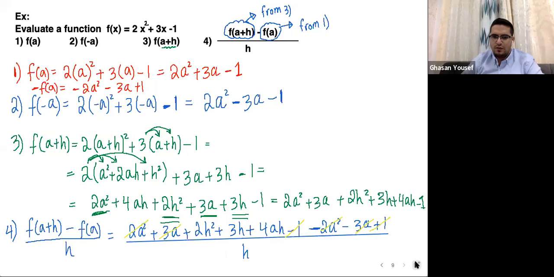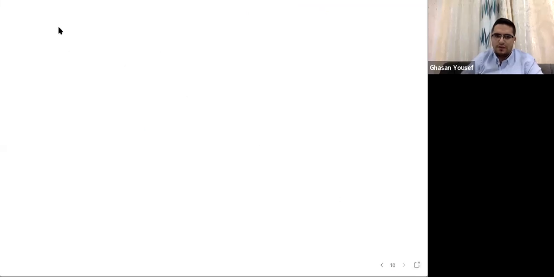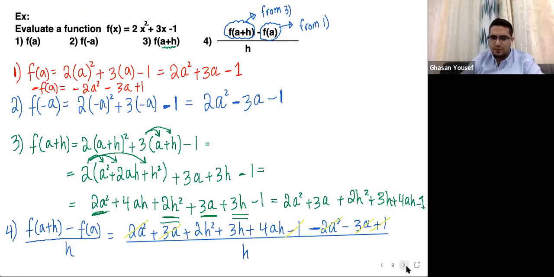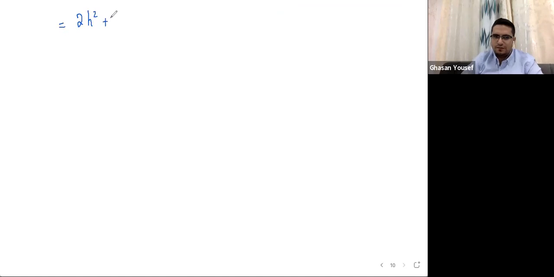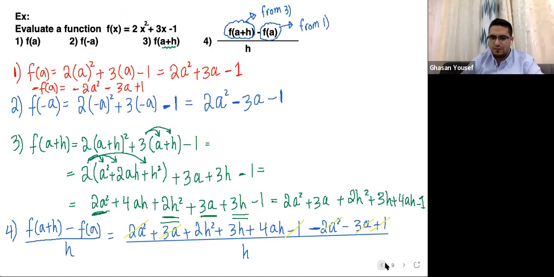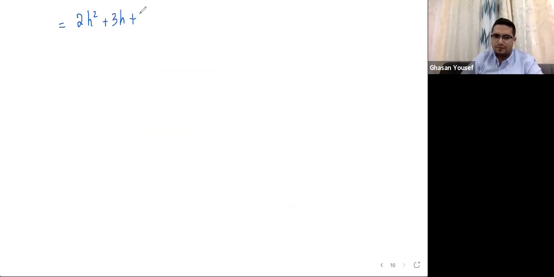So I'm going to the next slide. This is equal to 2h square plus 3h plus 4ah, everything over h.